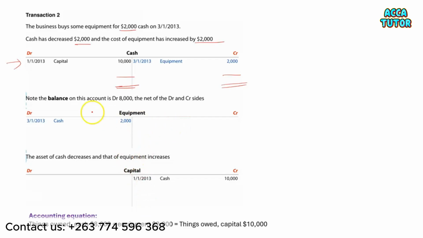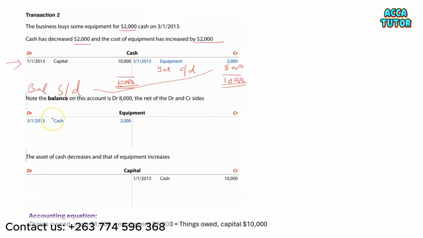Remember, we were told that the side with the larger amount should have its amount appearing on both sides of the T account. And then where there is a lesser balance, we just have to have a balance CD, and the balance CD here, that's the difference, which is 8,000. Okay, and this should be here on the debit side. Remember, it goes on the opposite side, the balance BD.